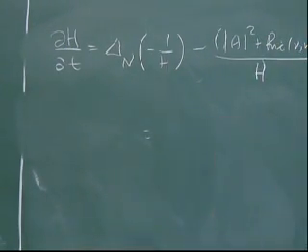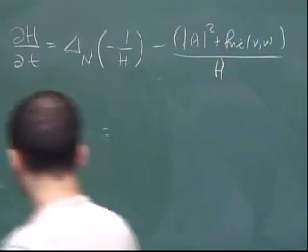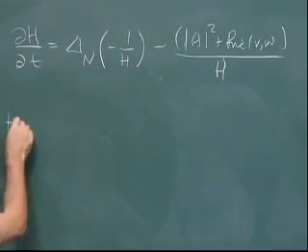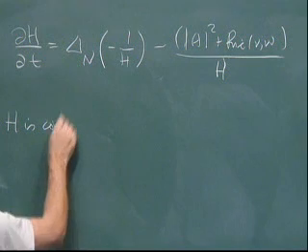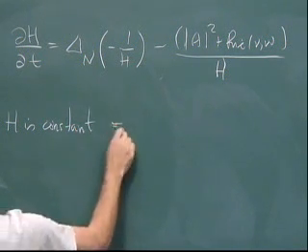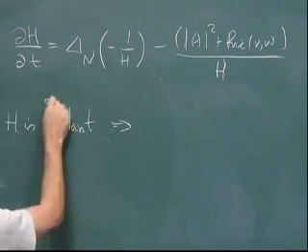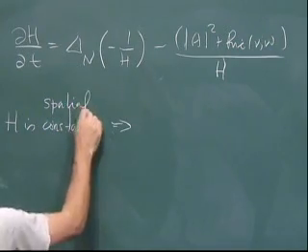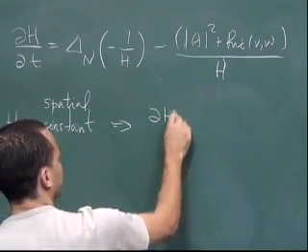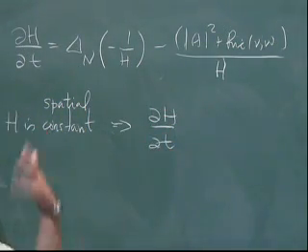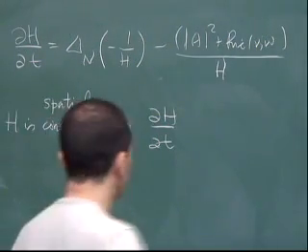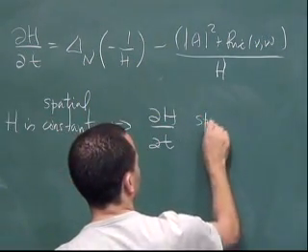Right? So the fact that h is constant spatially, if you look at this equation, then, of course, the derivative with respect to t has to be a spatial constant as well.